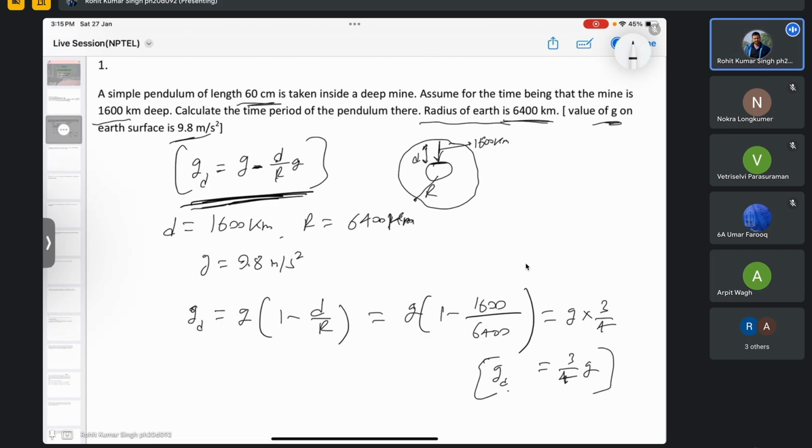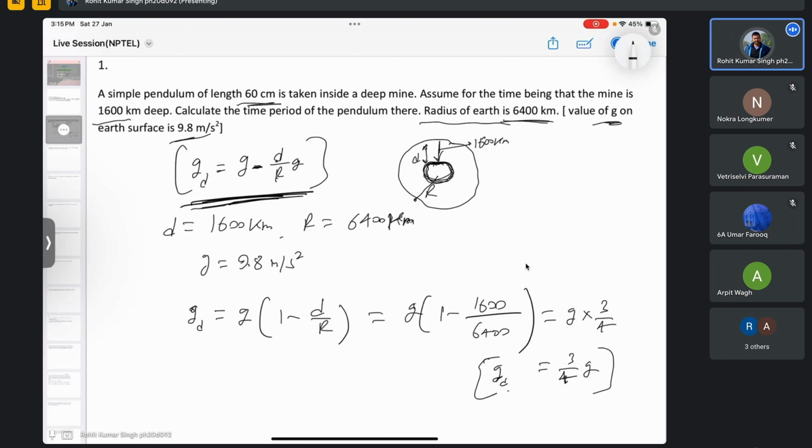Okay, so the value of g has reduced as we expect, right? Because intuitively you can see at this depth you encounter a small Earth.